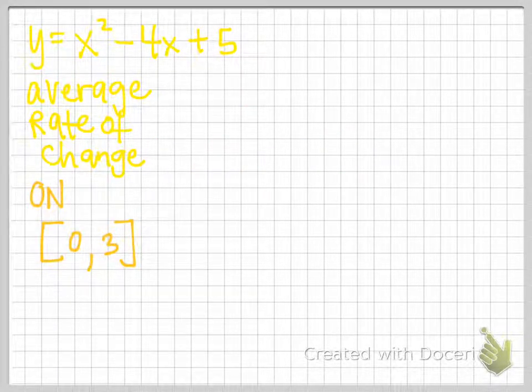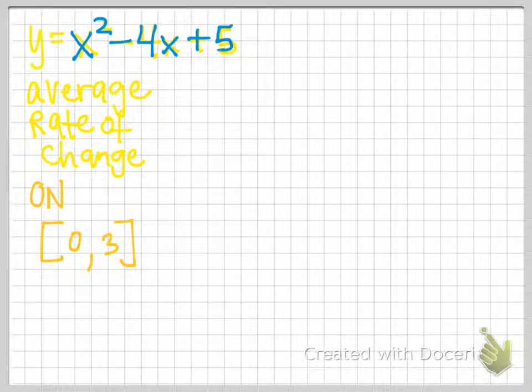All right, I made up one more problem for us. So this is another parabola, and it's y equals x squared minus 4x plus 5. All right. And I want to find the average rate of change on the interval from 0 to 3. Remember, these are x values.